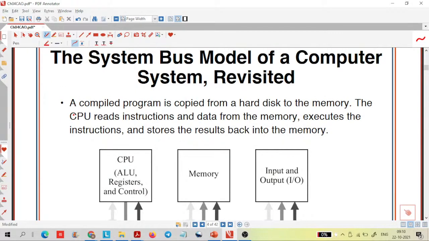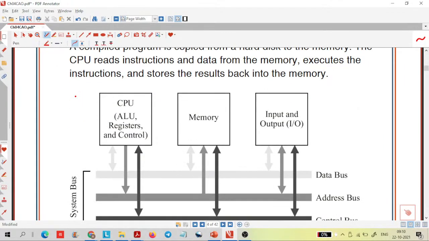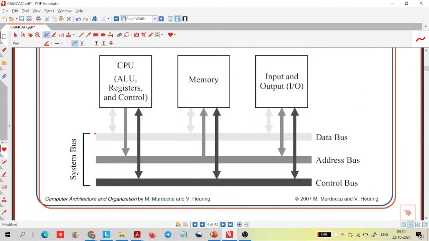Now the system bus model of a computer. Here you can see the data bus, address bus, and control bus.